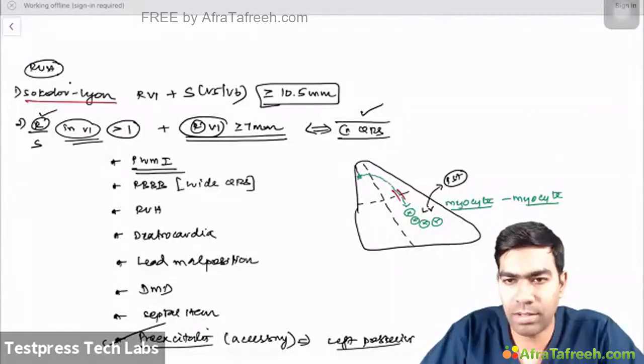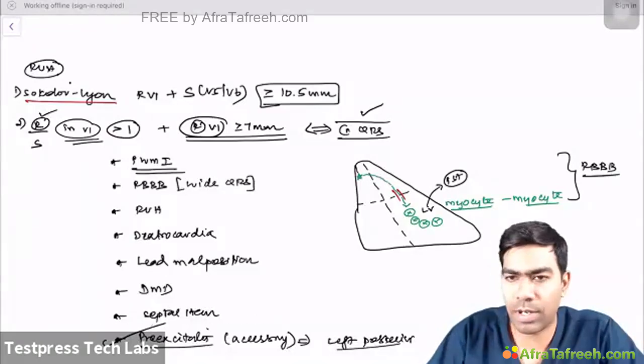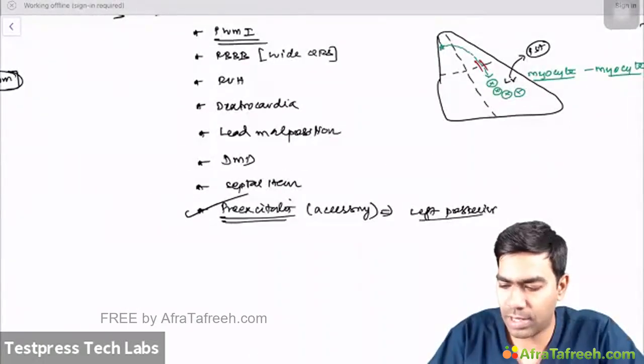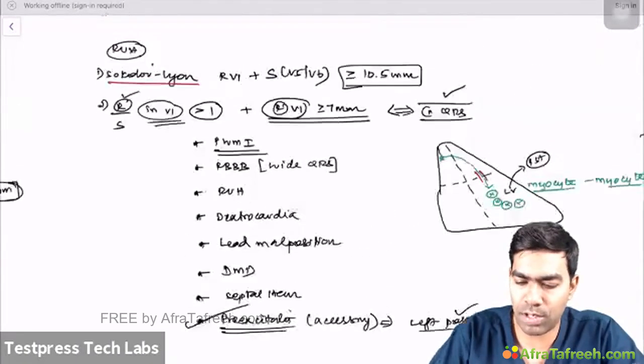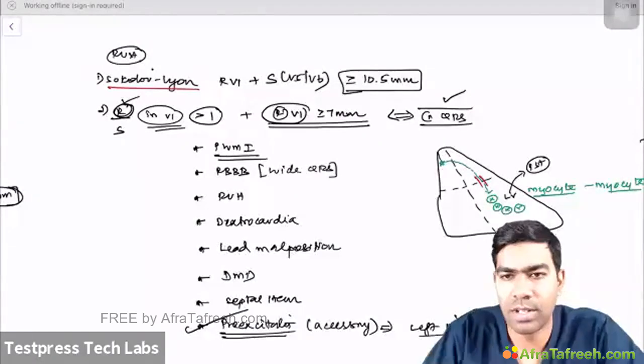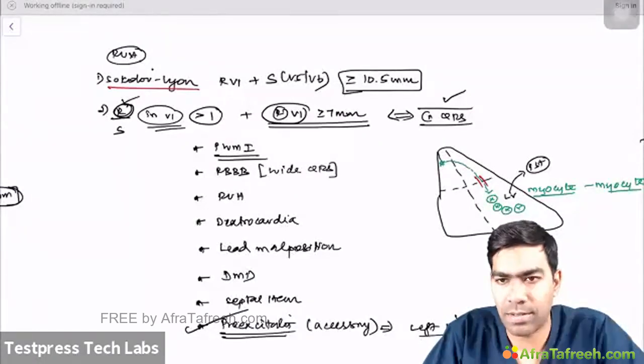Right bundle branch block pattern. Hence proved, pre-excitation in the left posterior pathway, of course, you're going to get the right bundle branch block pattern. And because it produces a right bundle branch block pattern, they can have a prominent R wave in V1. As simple as that. Clear?